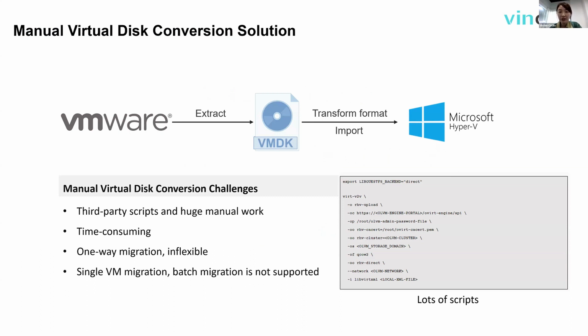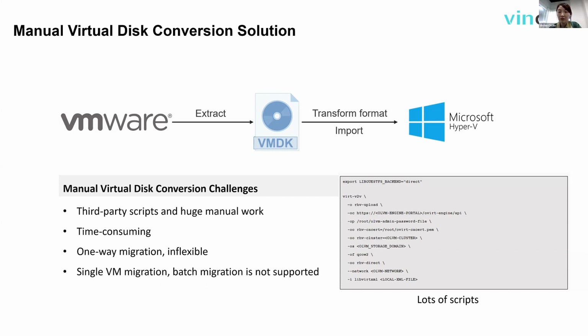Usually, the migration solution for this is to extract the VMDK files from VMware, and use third-party tools to write scripts to transform the VMDK files to a format that is compatible with the target platform. We take Microsoft Hyper-V as an example here. Then manually transform these VMDK files to the new platform one by one.